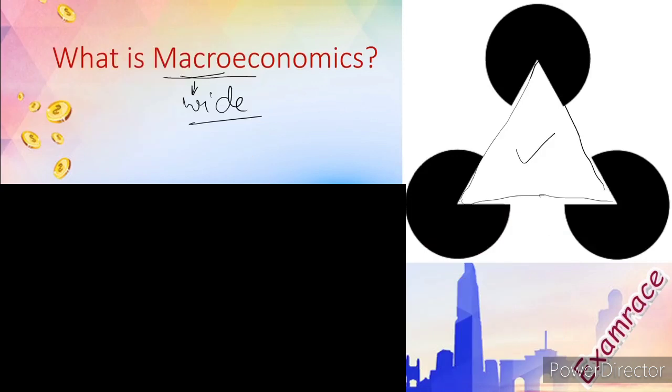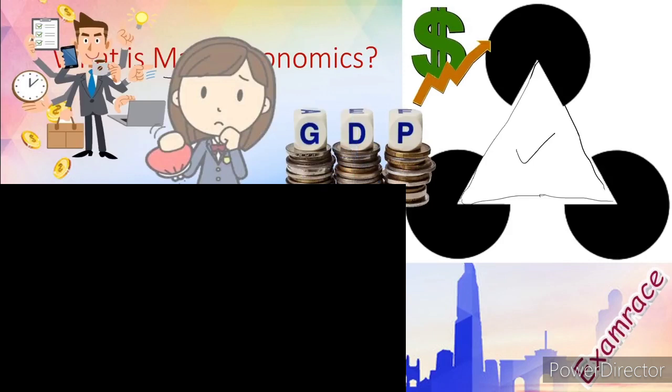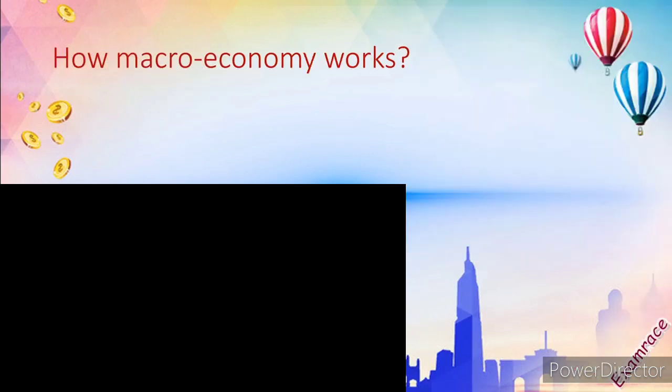So what are the basic parameters that we understand under macroeconomics? We talk about employment, poverty, inflation, national income, national production, national output, and global economics. So that's the vision under macroeconomics. A highly interesting branch of economics is macroeconomics.